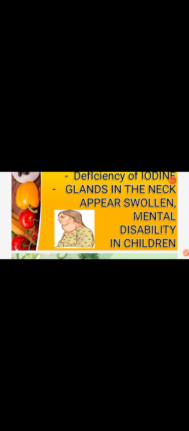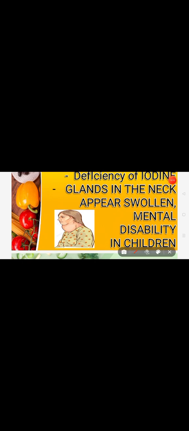Okay, next we have goiter. Goiter is caused due to deficiency of iodine. So what are the symptoms? The gland in the neck appears swollen, and there is mental disability in children.